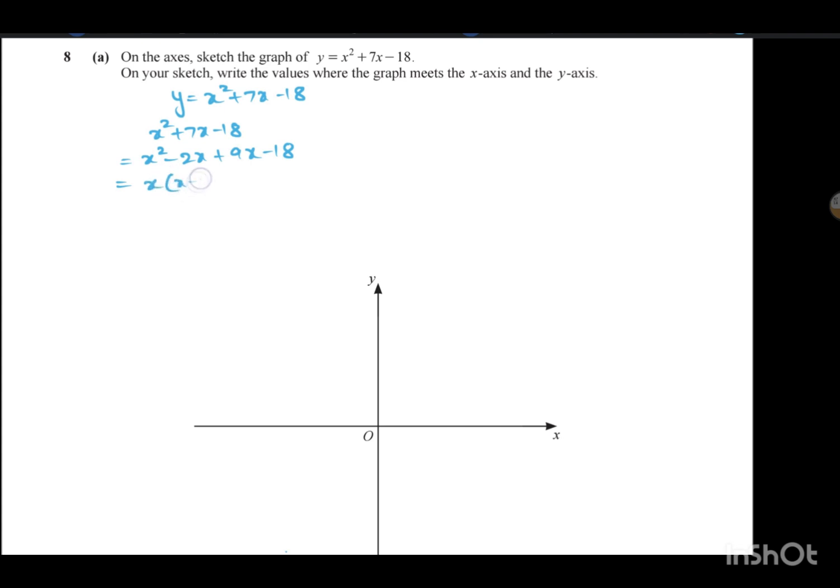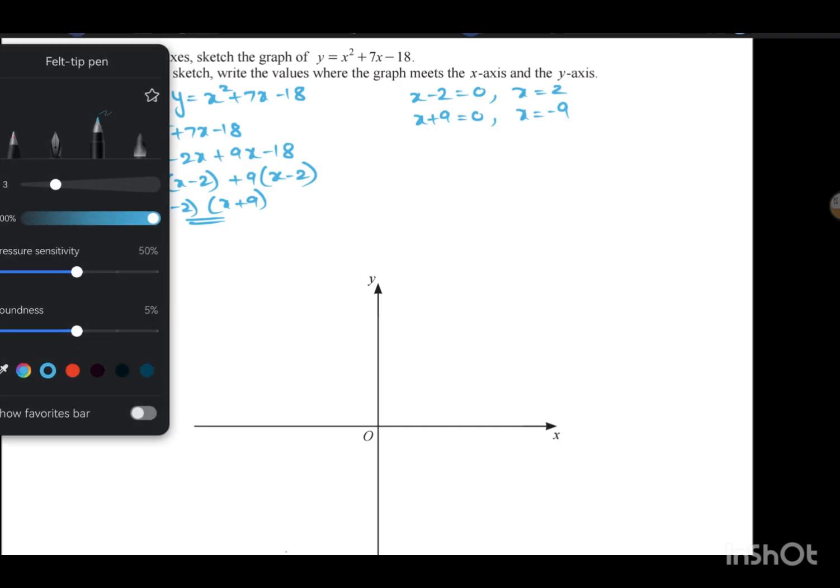X is common in the first two terms, you'll get x minus 2 in brackets, and 9 common in the last two terms, you get again x minus 2 in brackets. So x minus 2 into x plus 9 are the factors. So when x minus 2 is 0, x will be 2, and x plus 9 is equal to 0, x will be minus 9. Then taking these two values, try to mark those two values accordingly on the graph.